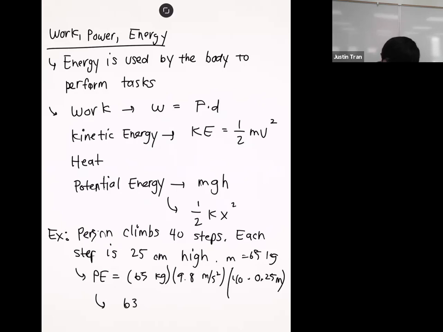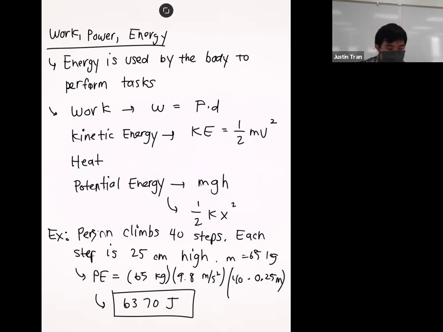We compute this and get 6,370 joules of energy. After this person climbs up those stairs, we say that he has 6,370 joules of potential energy. There's no misconception with that part. That part's exact.